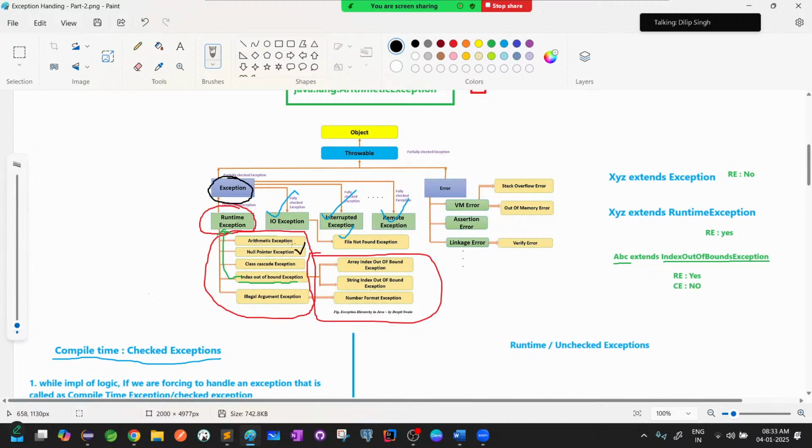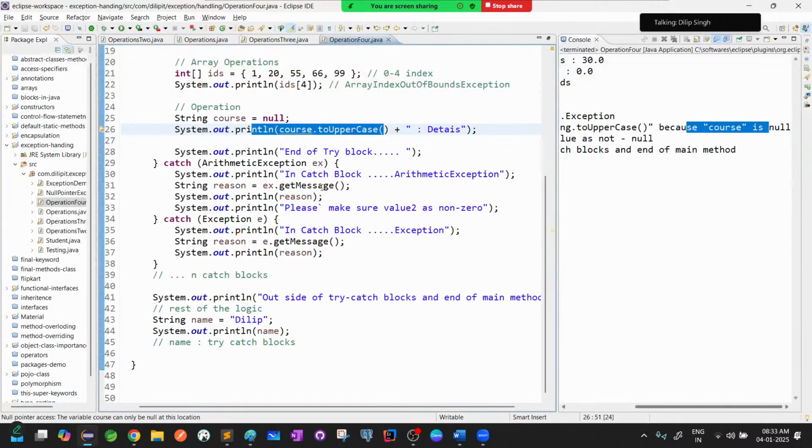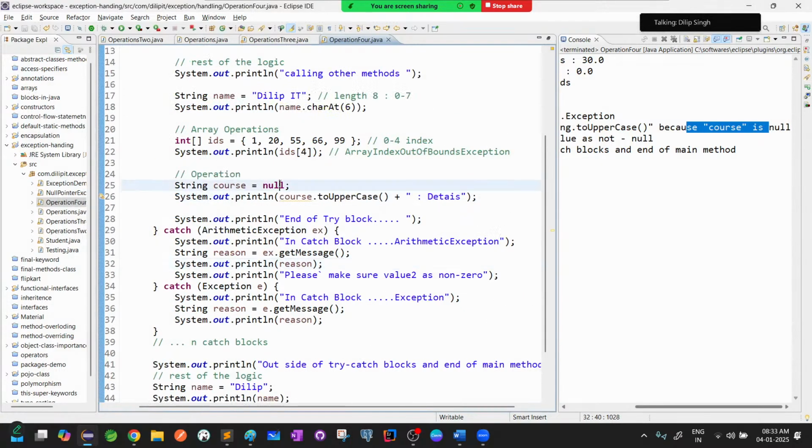Null pointer exception, arithmetic exception, index out of bounds, array index, string index, whatever you take, the topmost parent is Exception. So it did not find the exact null pointer match, but it found the parent type. So that's why it started executing this block in case of null pointer exception.